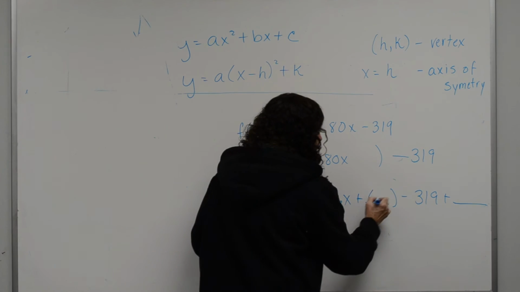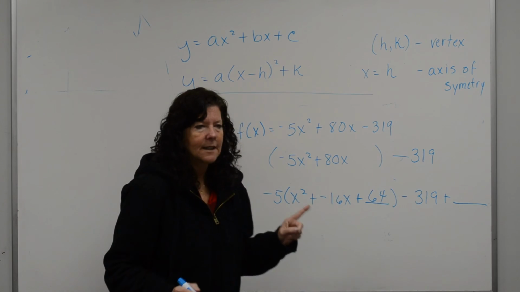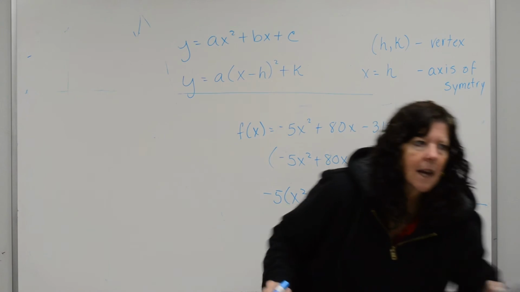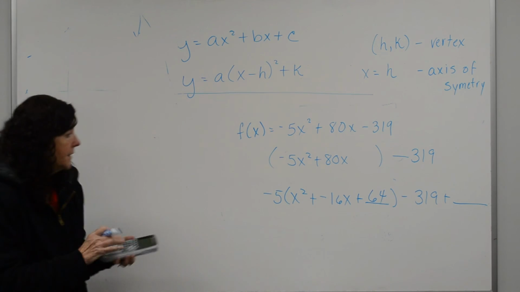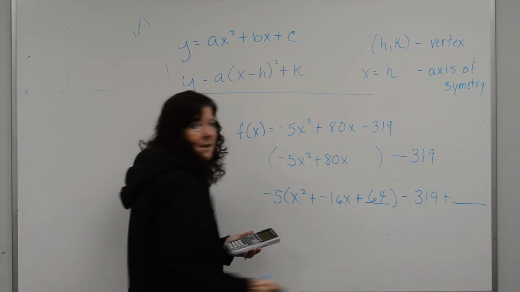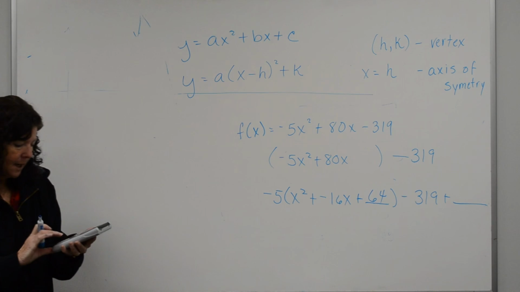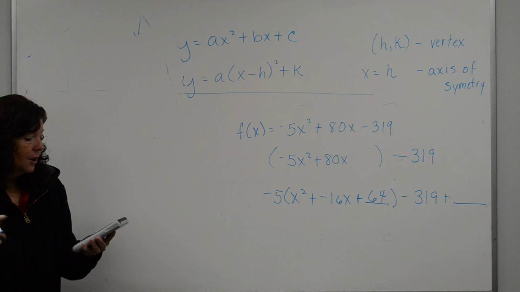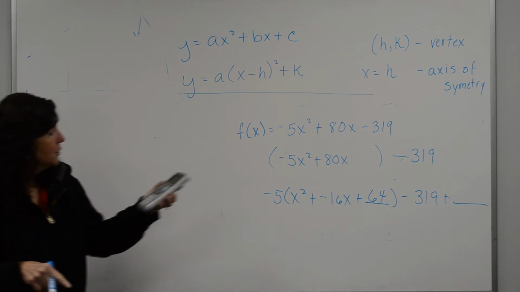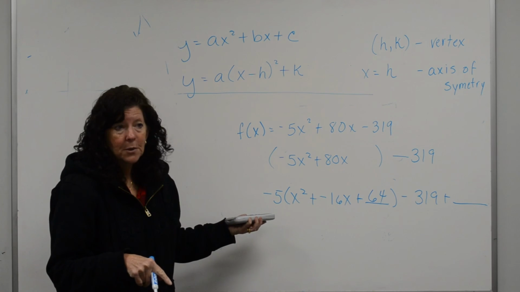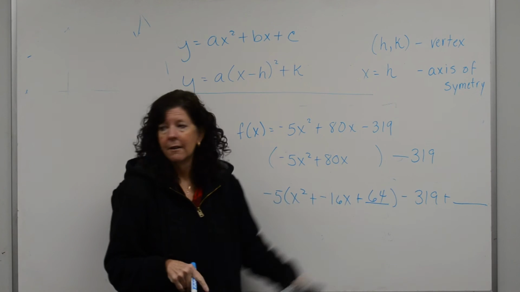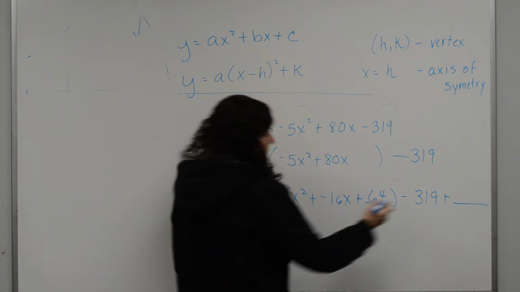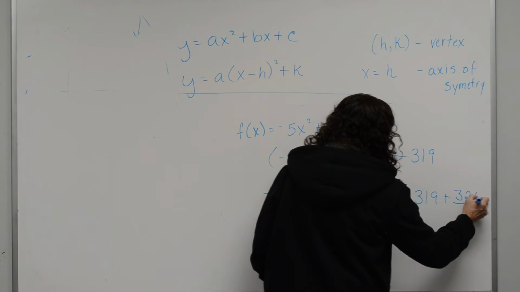But I haven't technically added 64. What have I really added? No, I've added negative 5 times 64. So negative 5 times 64 is going to give me a negative 320. So I've added a negative 320 here. So what do I need to add down there? Positive 320 to counter it.